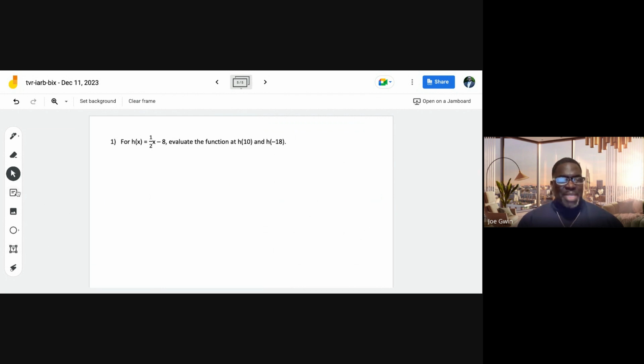I've been typing, but it's going to make sense for me to write this time, looking at this fraction here. So we have h of x equals 1/2 x minus 8.